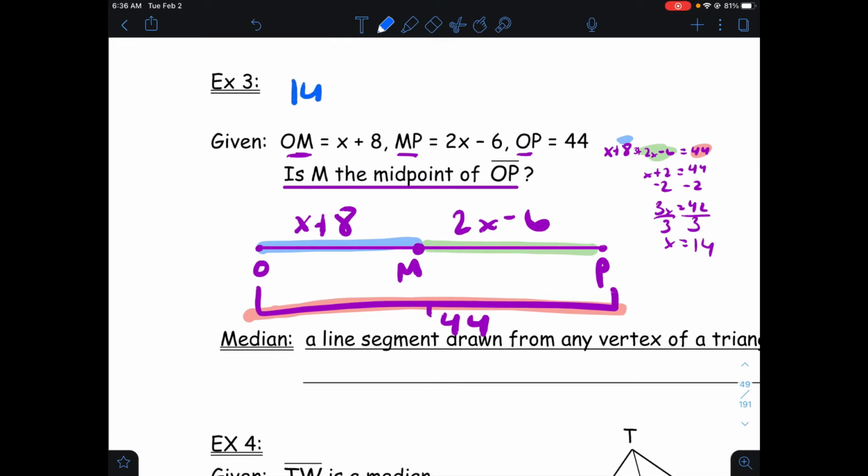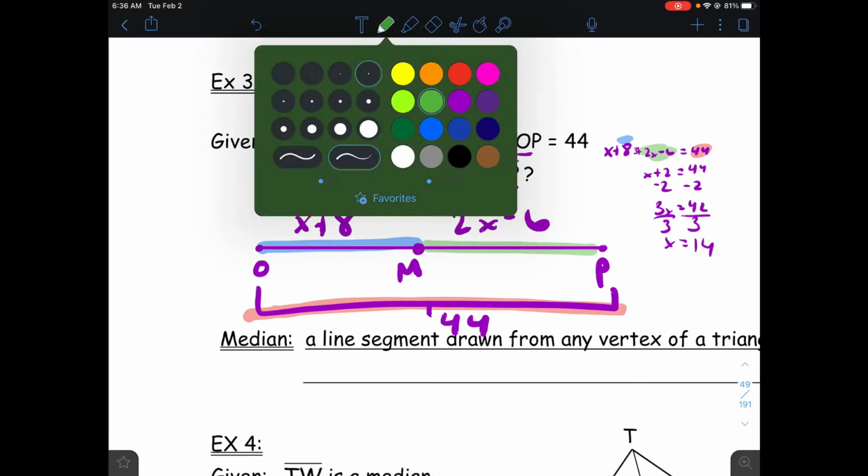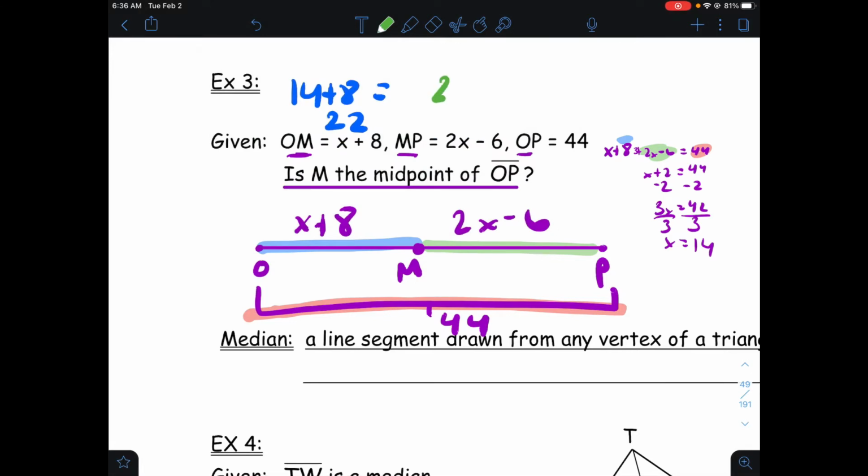So we're going to do 14 plus 8, which gives us 22. Then we're going to plug into the green guy, which is 2 times 14 minus 6.